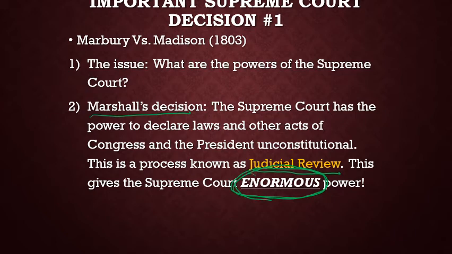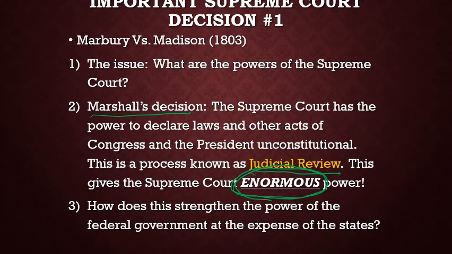In other words, the legislative branch makes the laws, the executive branch makes sure that the laws are followed, basically, they enforce the laws, and the judicial branch tells us what the laws mean. They interpret it. And some laws can be interpreted in different ways, which is up to the Supreme Court to do, which gives them a ton of power.